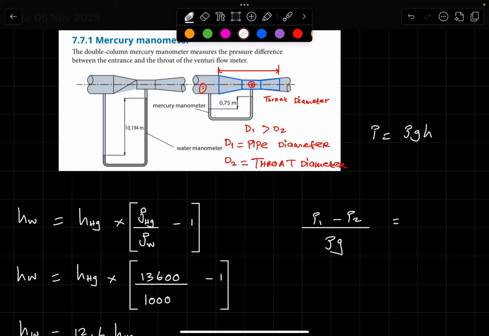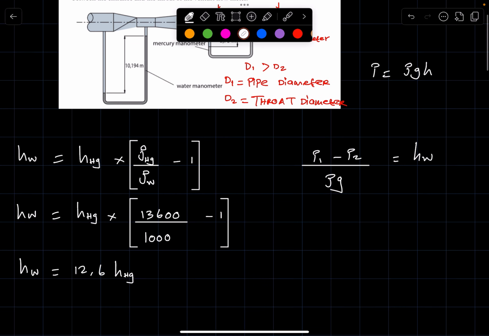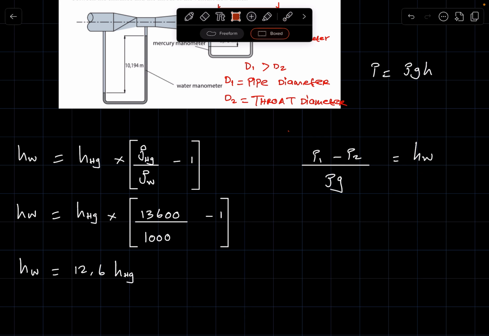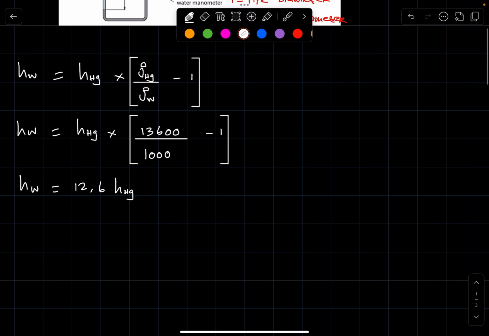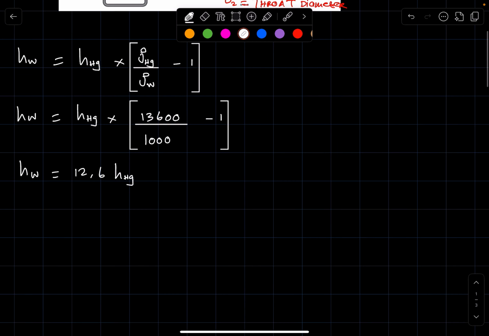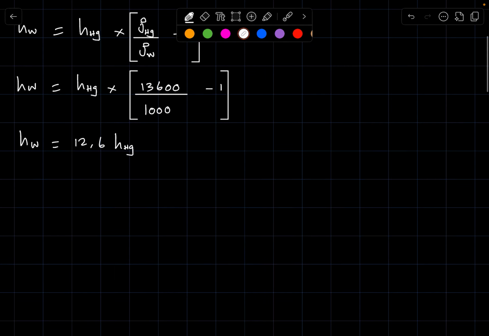So your pressure head difference is what has been denoted here as h_w. So h_w is your pressure head difference, and h_Hg is the head of the manometer. That's one of the formulas to take note of.